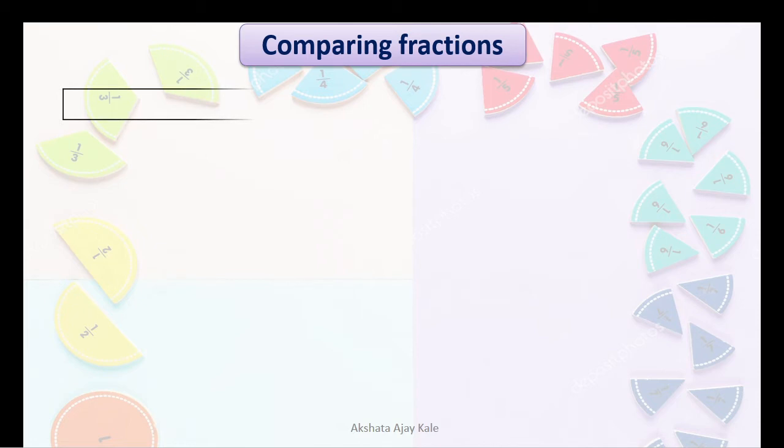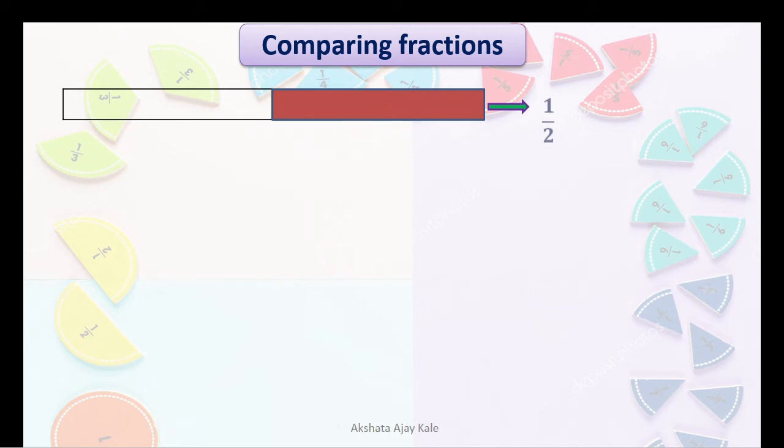Next, again you can see here a rectangle is divided equally into 2 parts. Okay, and we will color one part. Yes, you know how to write this in fractions. Yes, 1 upon 2.